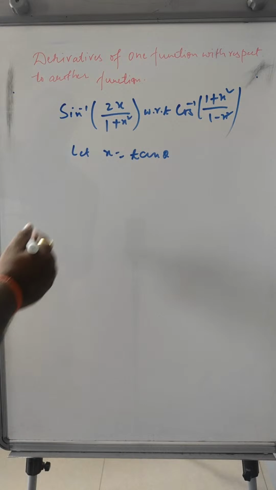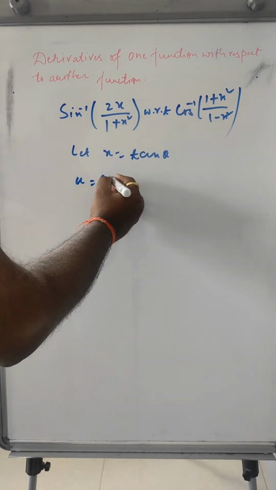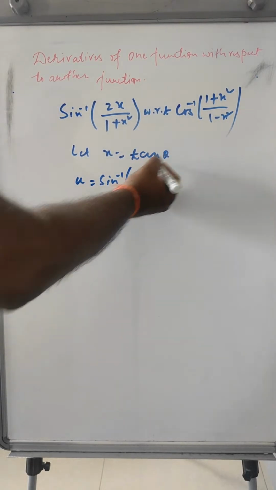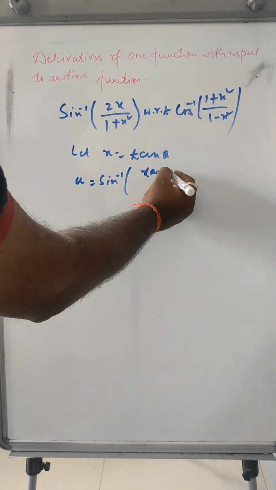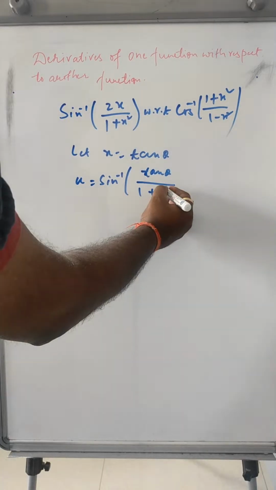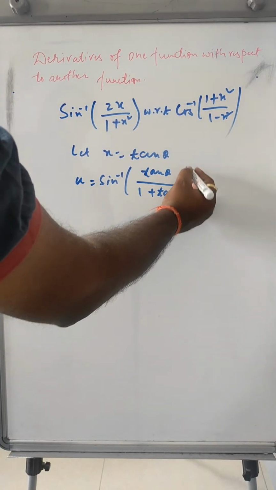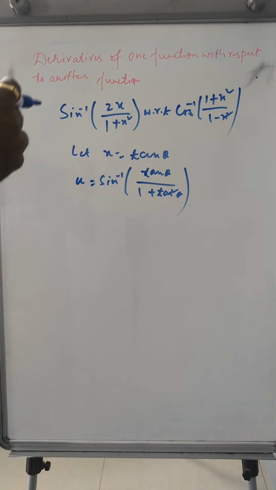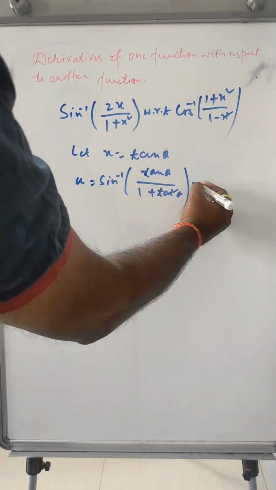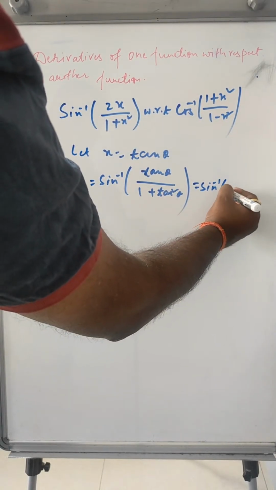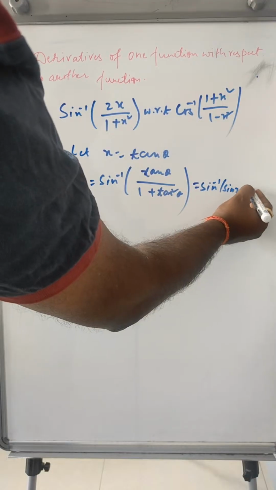Let u be equal to sine inverse. In place of x we can put tan theta, and 1 plus tan square theta, correct? So 2 tan theta divided by 1 plus tan square theta is nothing but sine 2 theta. So here we can write sine inverse sine 2 theta.